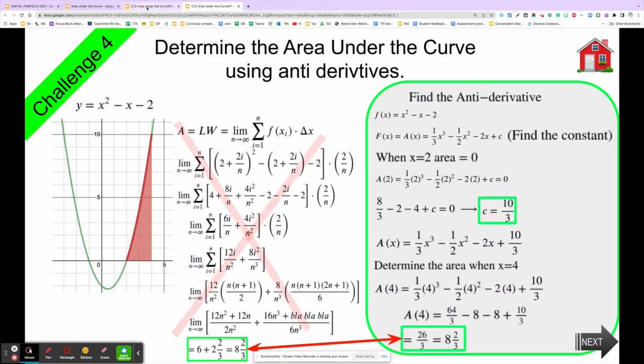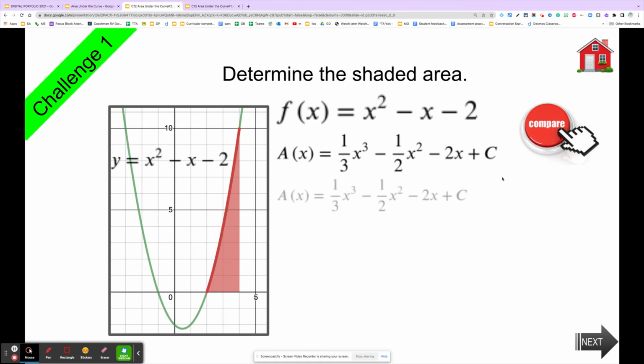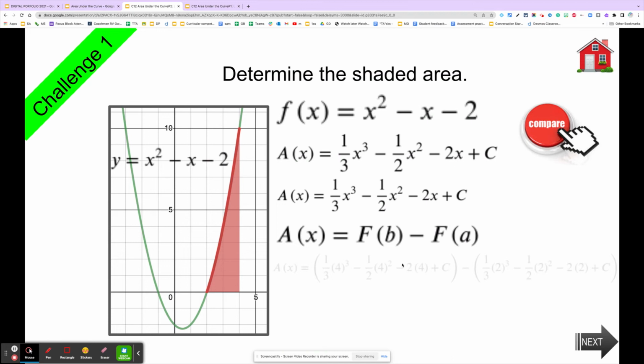So now, let's go back and try it a different way. And you can decide. There's lots of ways of thinking about this. So I'm going to take the antiderivative. I'm not going to worry too much about that constant because we know that when we subtract the antiderivative from the antiderivative, the constant will be the same in both cases and will cancel out.